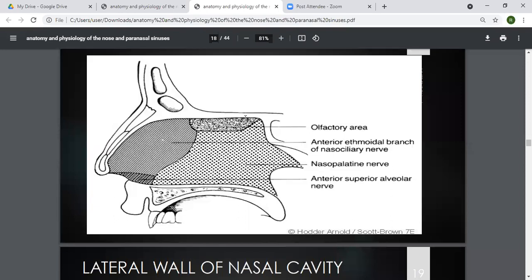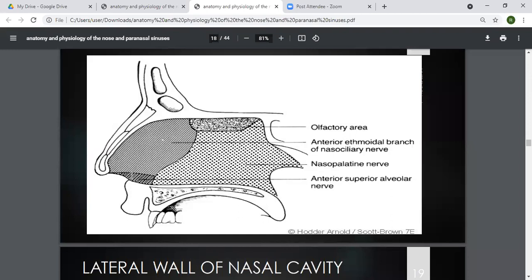So this area is called the olfactory area, because it's supplied by the olfactory nerve. The anterior portion of the septum is supplied by the anterior ethmoidal branch of the nasociliary nerve, and the posterior aspect is from the nasopalatine nerve.